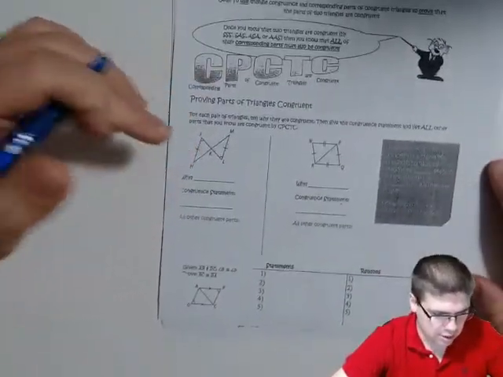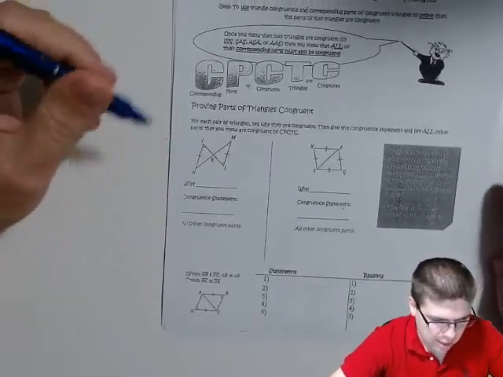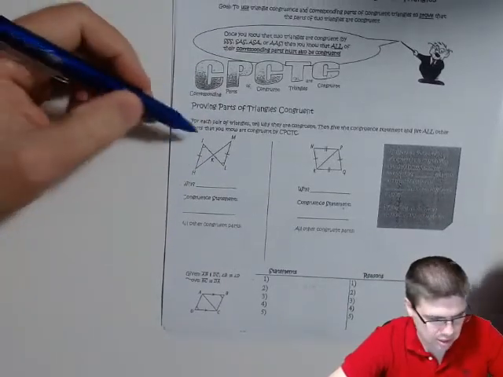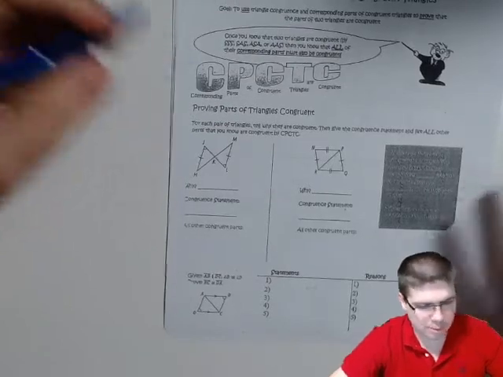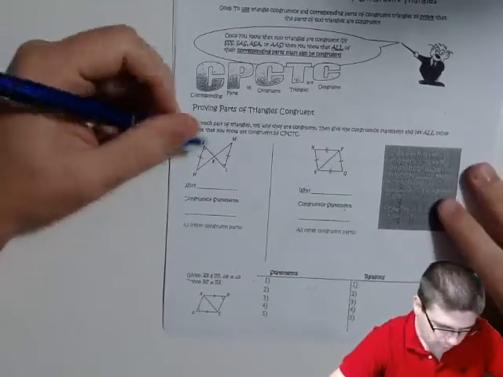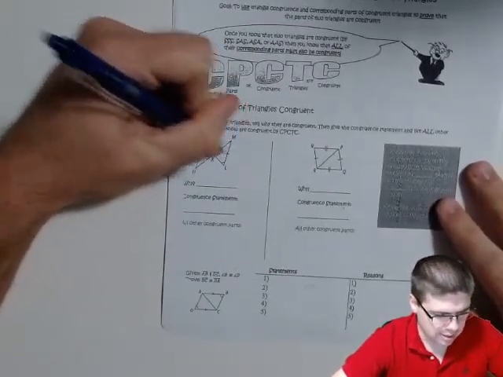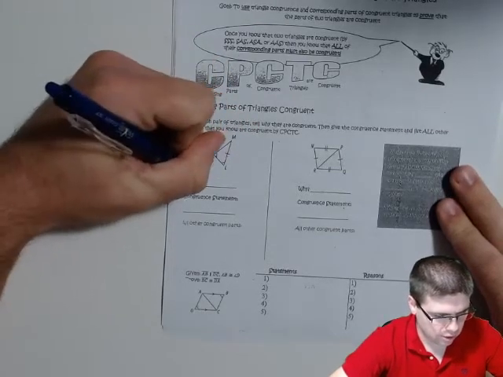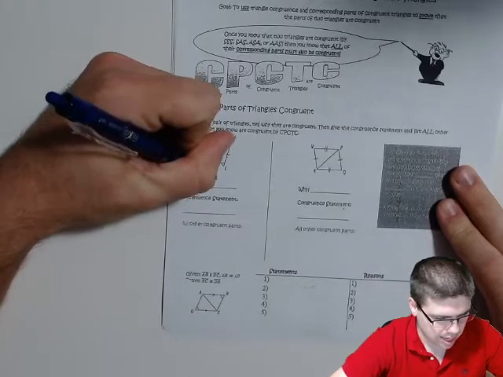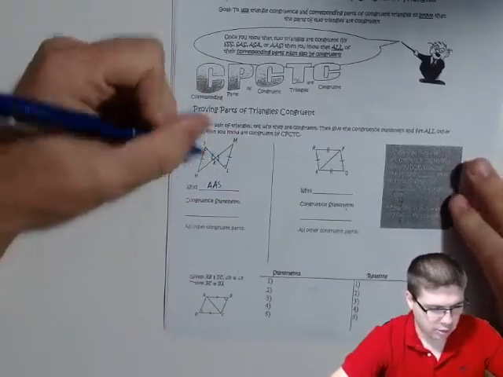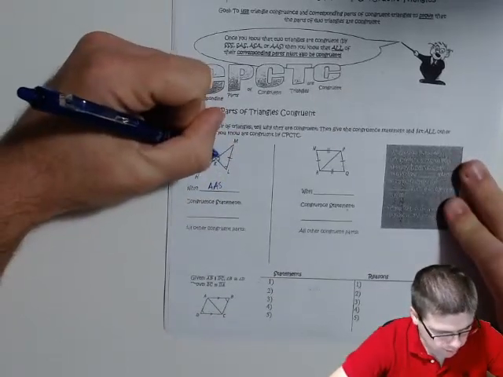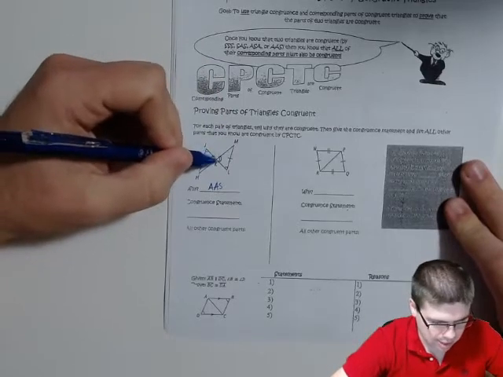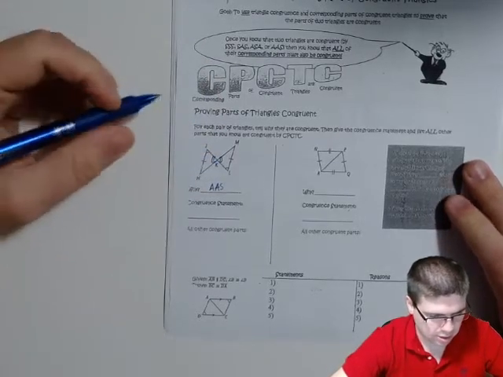For each pair of triangles, tell why they are congruent, then give the congruence statement and list all other parts that you know are congruent by CPCTC. So here we've got a side, an angle, and a vertical angle, so we know by angle-angle-side that they are congruent. I should use a different symbol, because if I use the exact same congruence symbol, it can be confused with the other one.